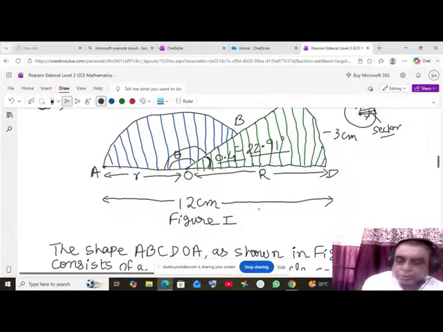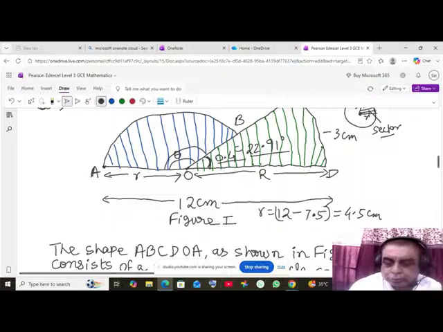What will be the value of small r? The total length AD is 12. From that length, you subtract the length of OD because AOD is a straight line. From 12 you subtract 7.5. That will be the radius of the smaller sector, which comes to 4.5 centimeters.